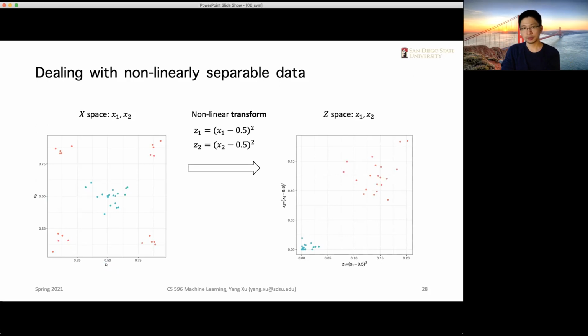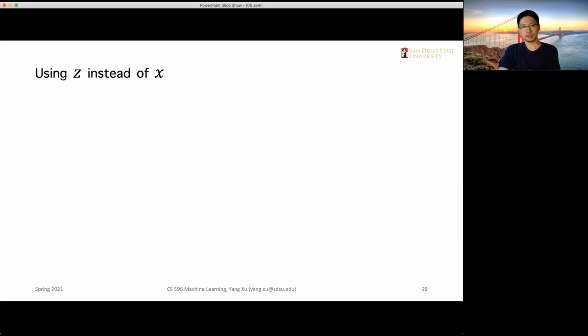Because we get z1 for each x1 and z2 for each x2, it's a one-to-one mapping relationship. In the new z space, the data looks like this, and we can easily draw a line. If we convert this line back to the original space, it corresponds to a circle. So our trick is that we now use z instead of x.